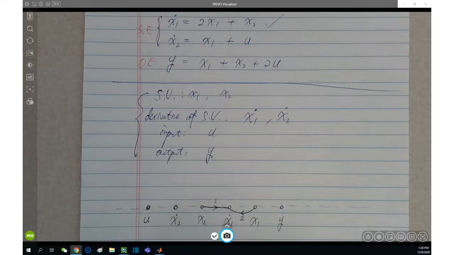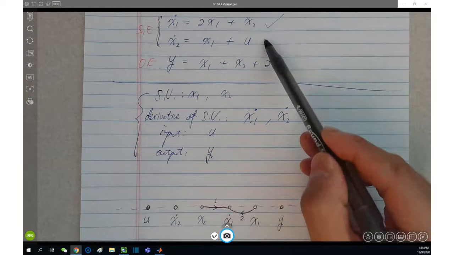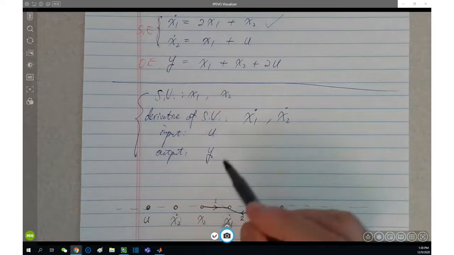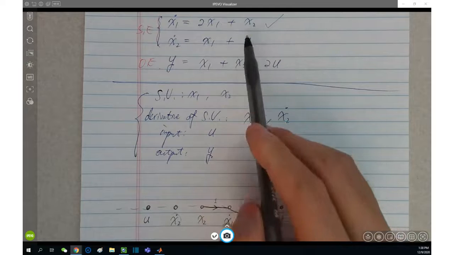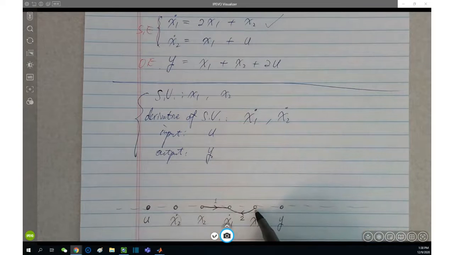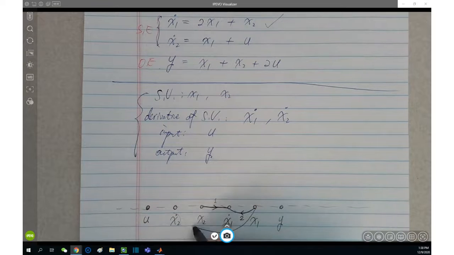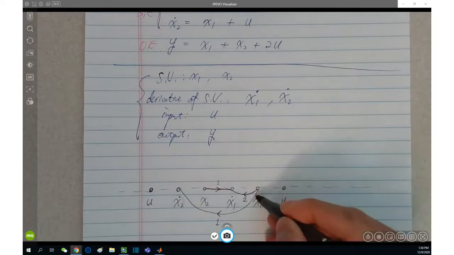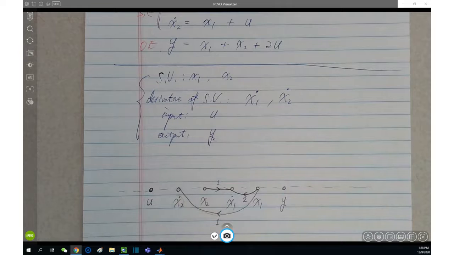Following the same idea, we take care of the second equation, x2 dot, which is this guy. It equals what? x1 plus u. Where is x1? x1 is here. It is another going-backwards signal, so below the horizontal line we have a route from x1 towards x2 dot with a gain of 1.